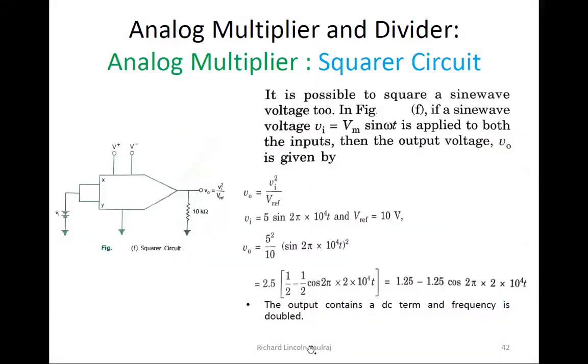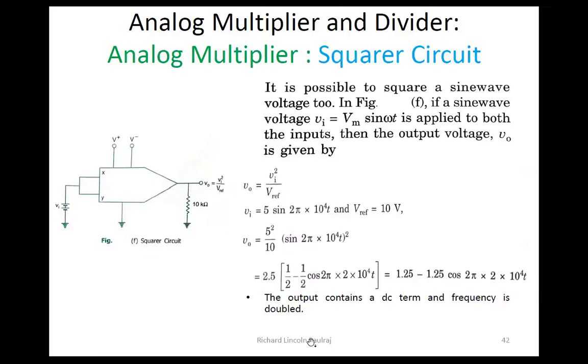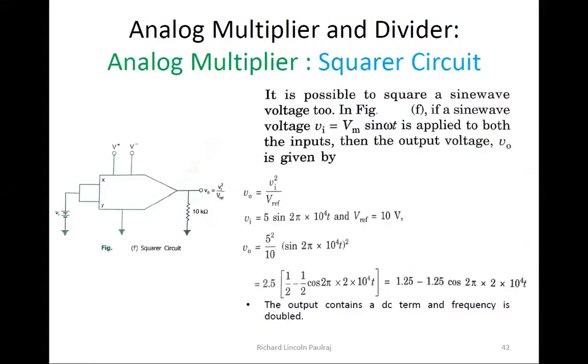One of the applications of the analog multiplier is the squaring circuit. So how do we enable this? This is just as good as our previous multiplier circuit. But what we have done here is we are giving one voltage to both terminals, Vx and Vy connected together, and at the output we have a resistance of about 10k.